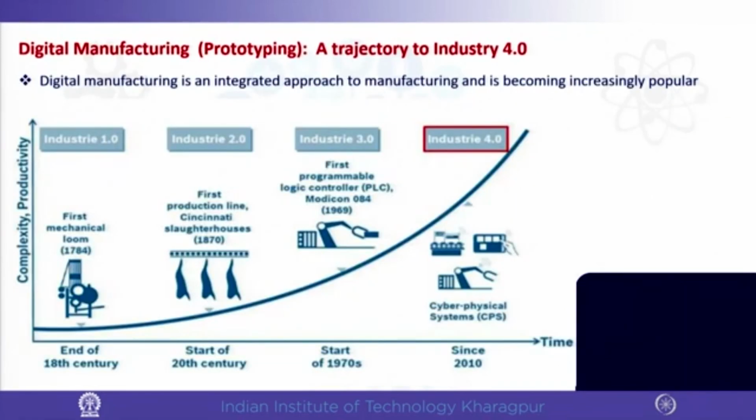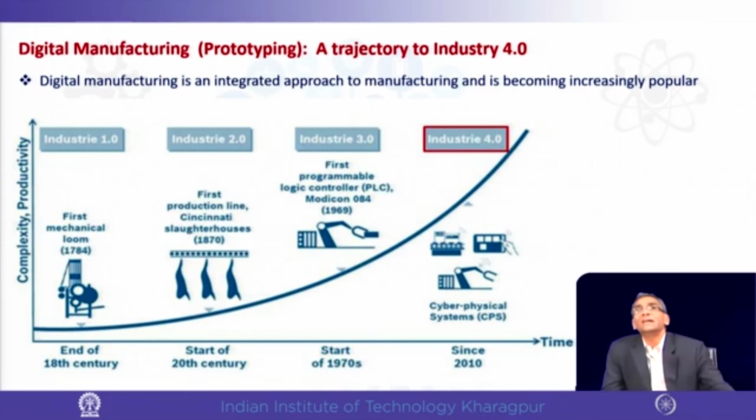Here I have already discussed, but you can see the progression from the end of the 18th century to the start of the 20th century, to the start of the 1970s, and now beyond 2010. This is the time frame where we have moved from industry 1.0 to 2.0 to 3.0.